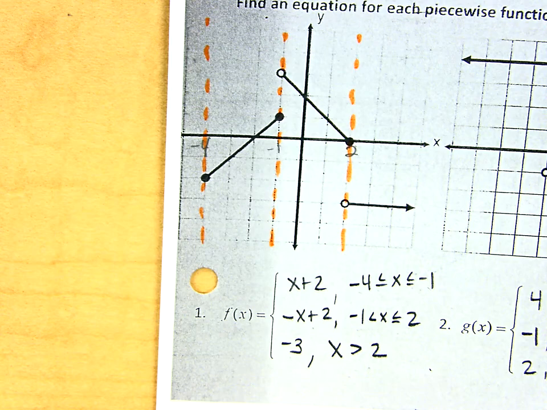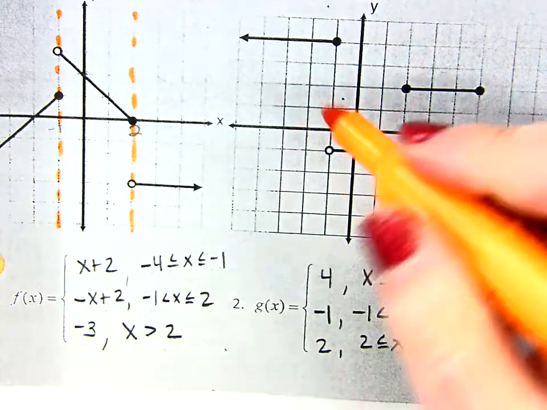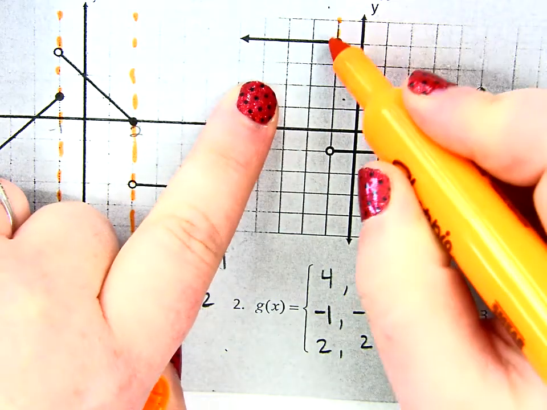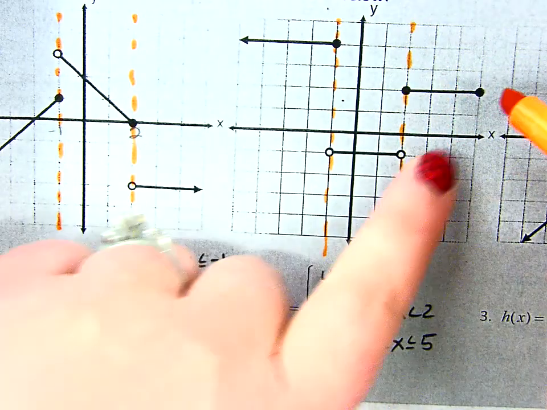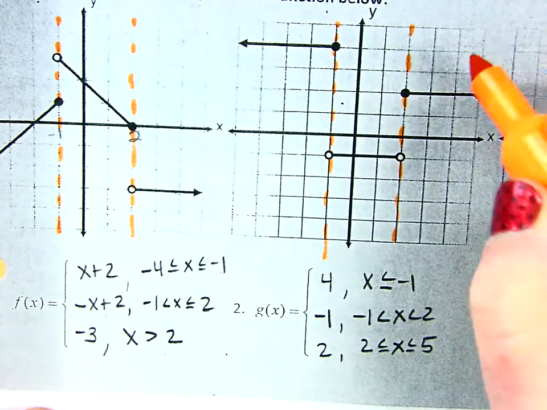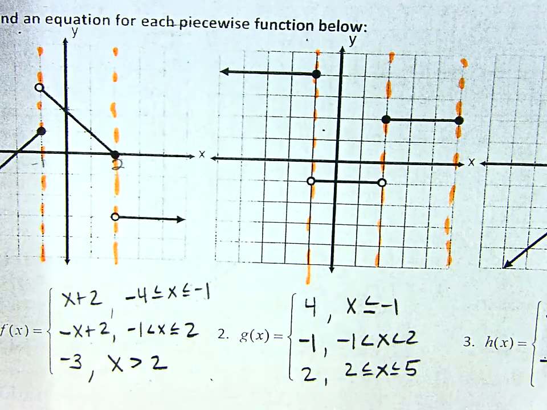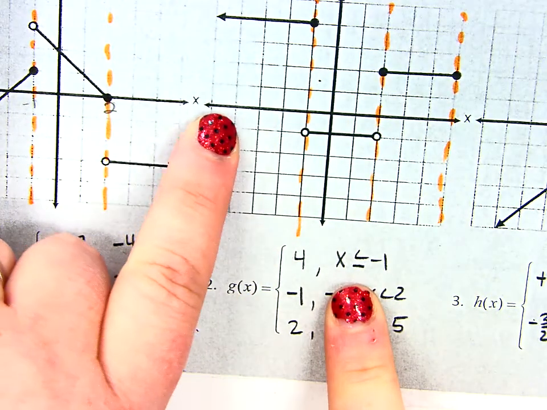Everybody's okay? So then when I go to do this on the second one, I again see that this one goes on forever, so I don't have to worry about that. I have a split right there, I have a split right there, and then this one does not go on forever. He does end, so I have a change right there. So I set up my intervals. The first one is existing when x is less than -1.